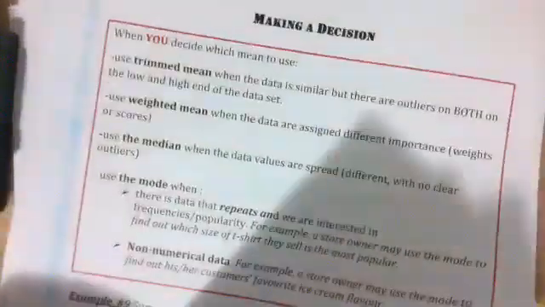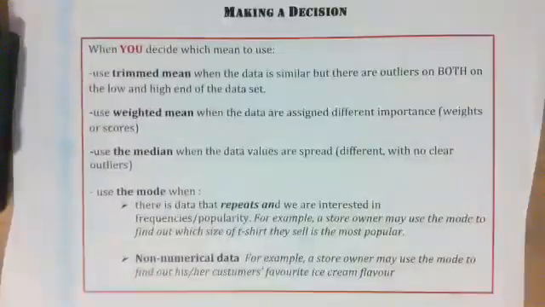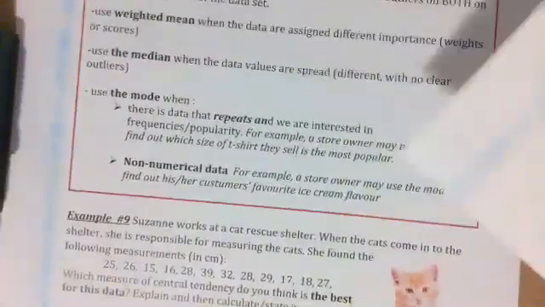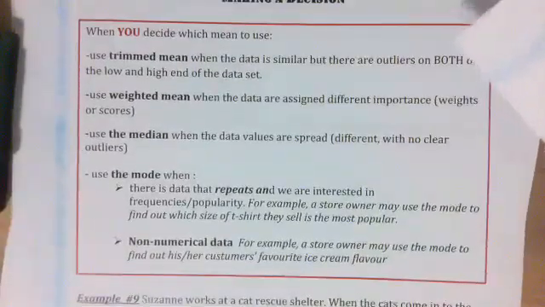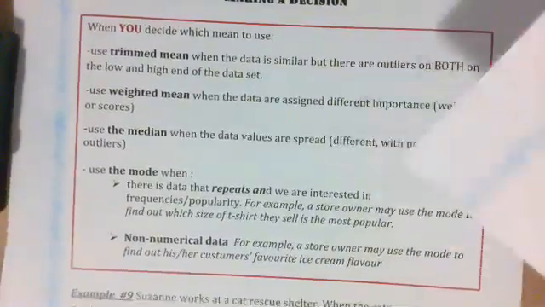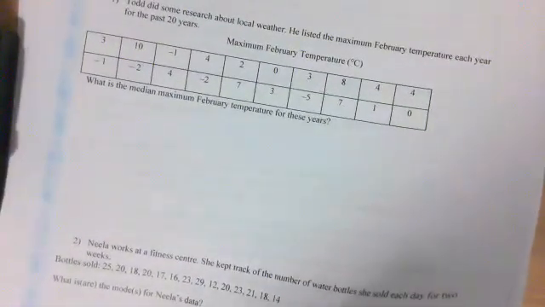And then at the end, we're going to do making a decision, a couple of pages, because you will need to know again which type of measure of central tendency you should use in various situations, because not all of them fit all the data, right? So I will teach you when to use trimmed mean, when to use mean, when to use mode, when to use median, right?